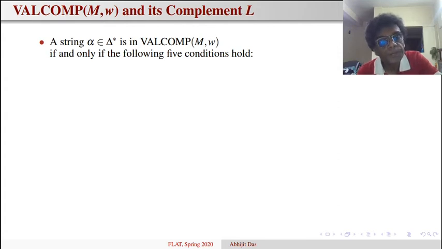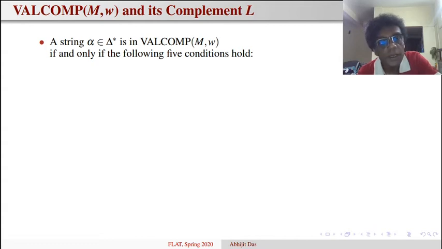Any string alpha in delta star that is in this set, we are of course interested in its complement, but for that we have to understand how we can fully characterize all strings in this. Then we will look at its complement. So, you take an arbitrary string alpha from delta star, then that is in VALCOMP(M, W) if and only if the following 5 conditions hold.